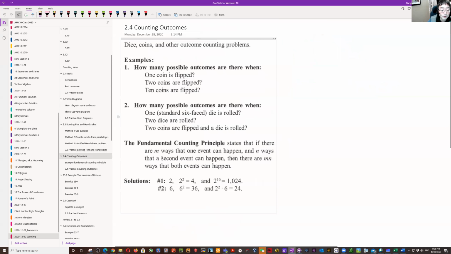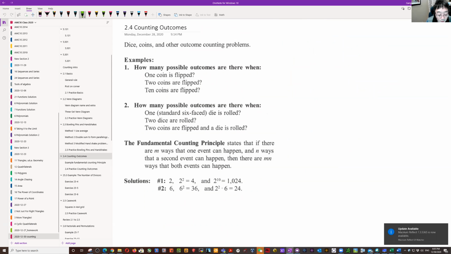And then there's counting outcomes. Counting outcomes usually have something to do with the fundamental counting principle.